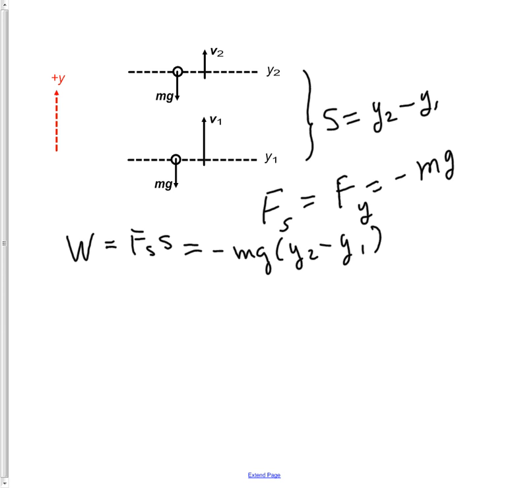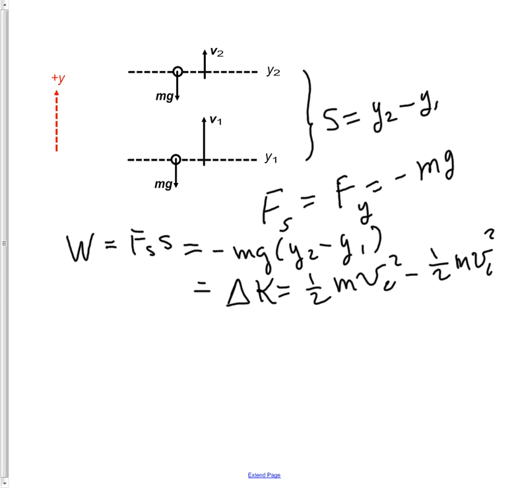And that has to be equal to the change in kinetic energy, which is 1/2 mv2 squared minus 1/2 mv1 squared. Okay.